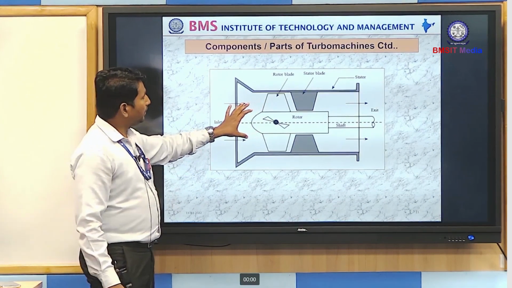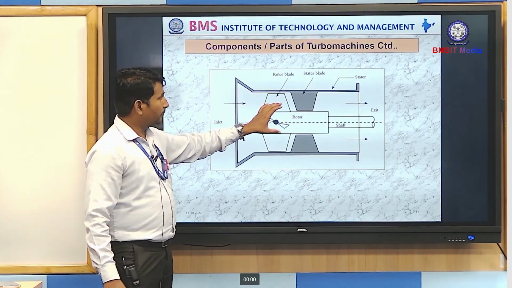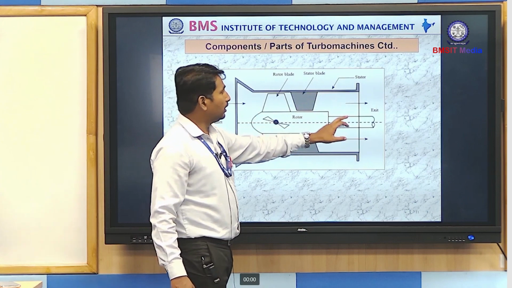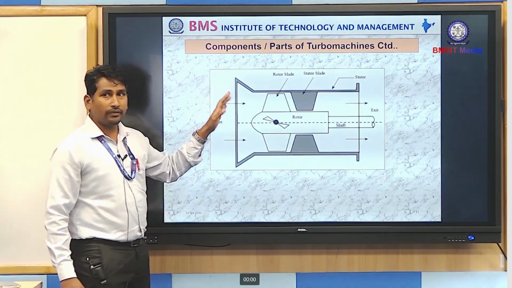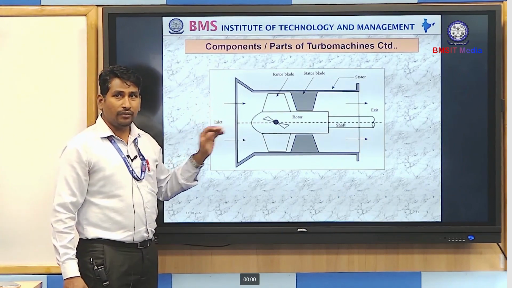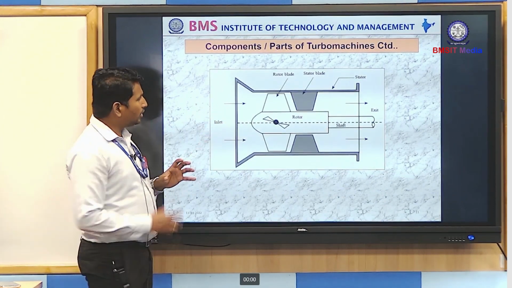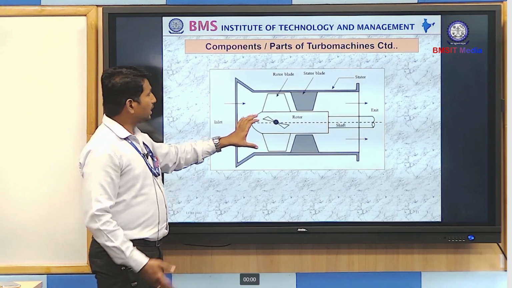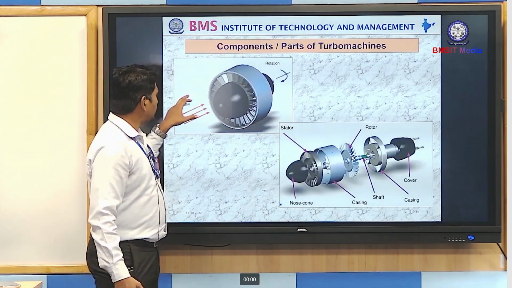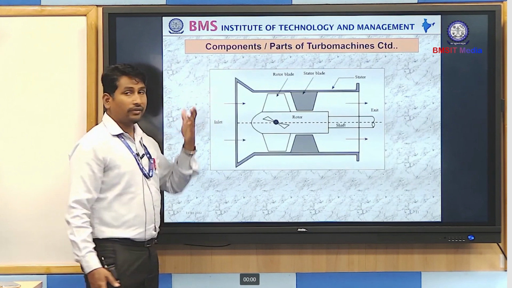Here we have so many parts: rotor, stator blades, casing, shaft and the exit, along with the inlet. So these are all the different parts or components of turbo machines. In this, all components are not mandatory for all turbo machines. For example, casing is not so important for the fan.